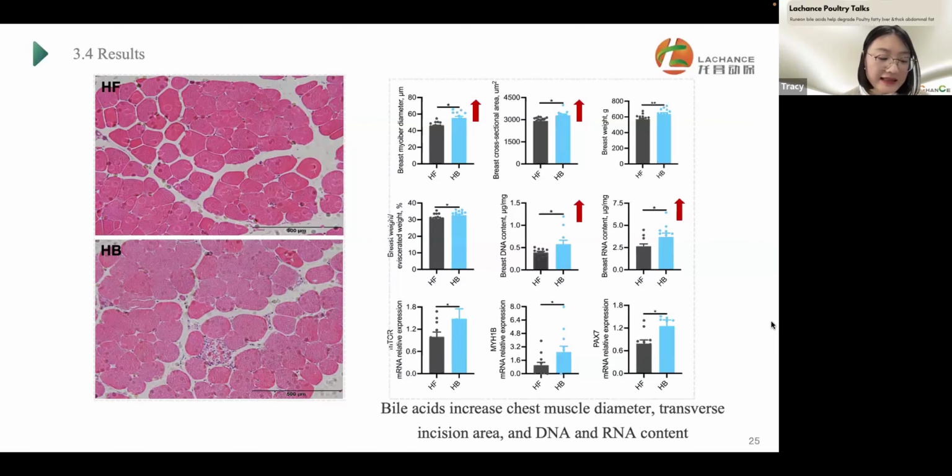So this set of data demonstrated that bile acids promote the development of broiler breast muscle. And you can also see this result from these two pictures. This is the comparison between HF and HB groups, and this HB group is the group with bile acid.